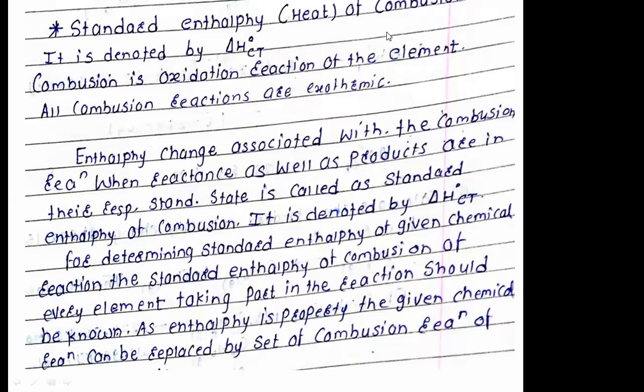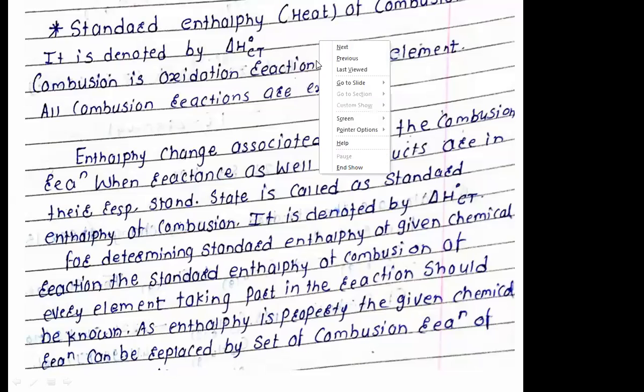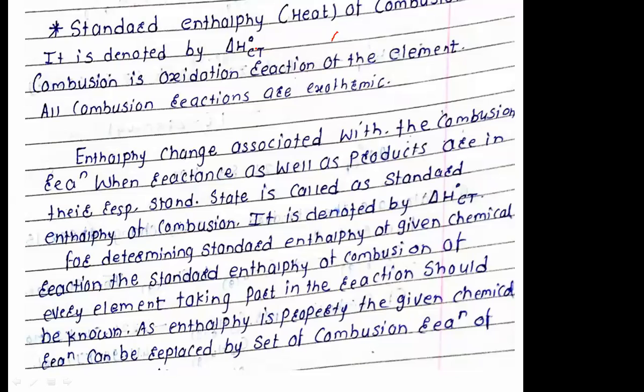It is denoted by delta H standard C. C means combustion reaction, and the formation reaction was delta H standard F. Now we are going for another type of reaction, the combustion reaction. Standard enthalpy of combustion is denoted by delta H standard C.